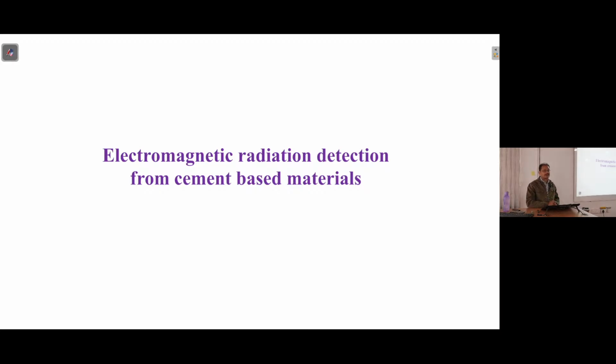Next is this effort to get some kind of signals from the cement based material. Particularly the intent is to finally get some signal from the structure. Cement is the most commonly used structural material, so if we can get something from it, then we can expect that from structures also we can get some kind of information. So that is the motivation.